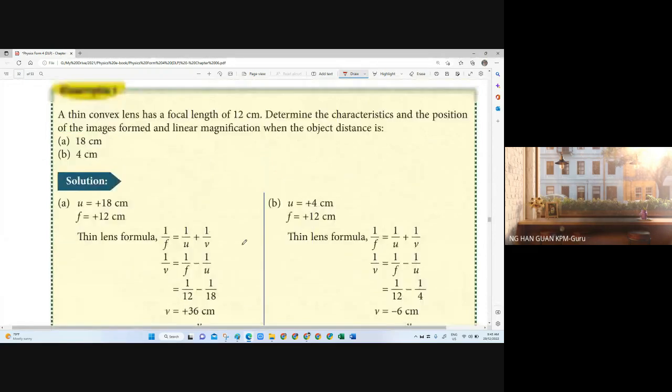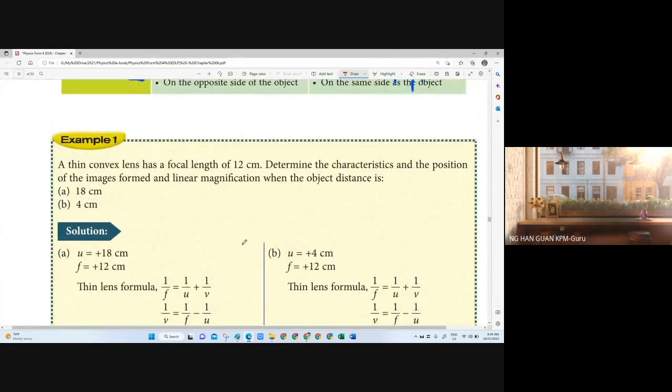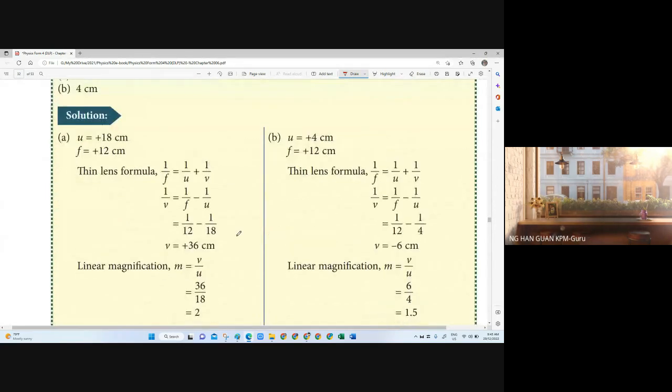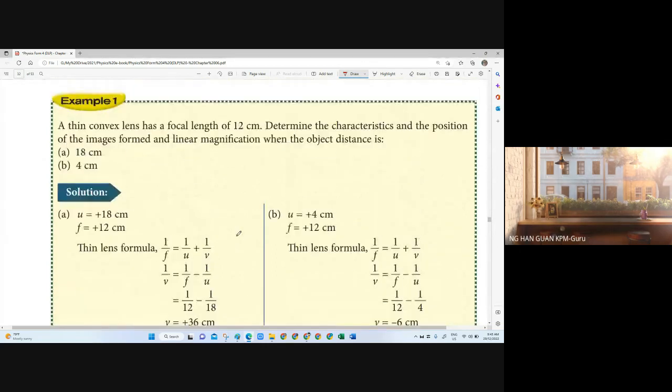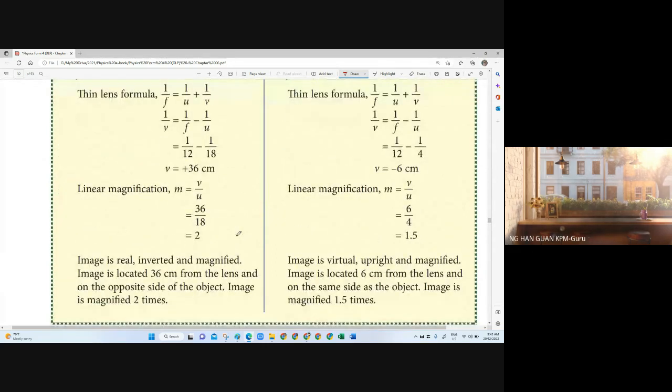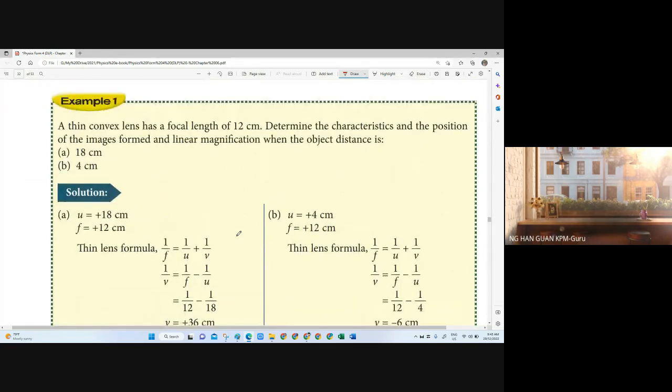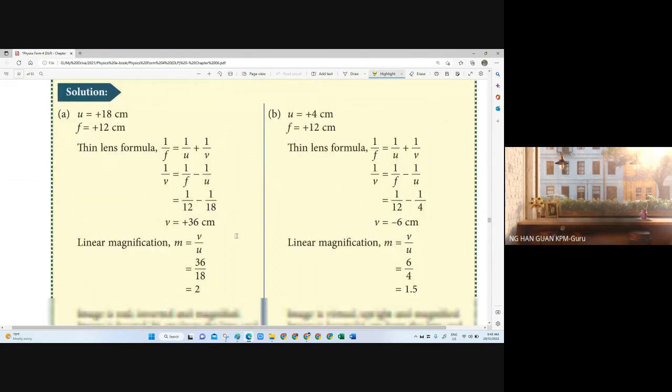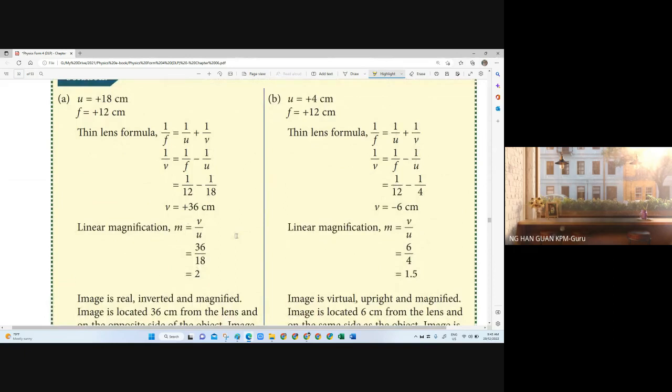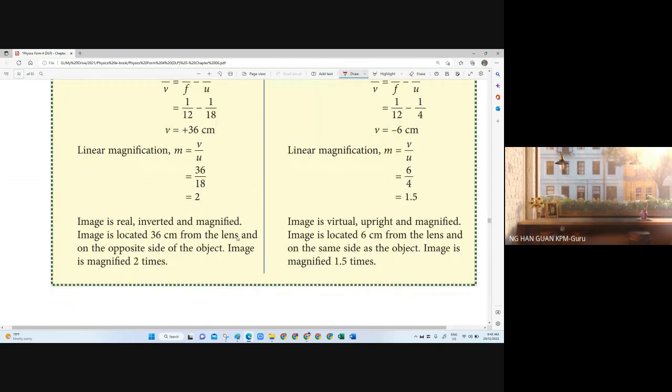The explanation in the textbook is not really complete about how we use the equations to get the characteristics of the image, because it includes using the linear magnification to know the size of the image. After you get V, then we use the magnification. There is no detailed explanation here.